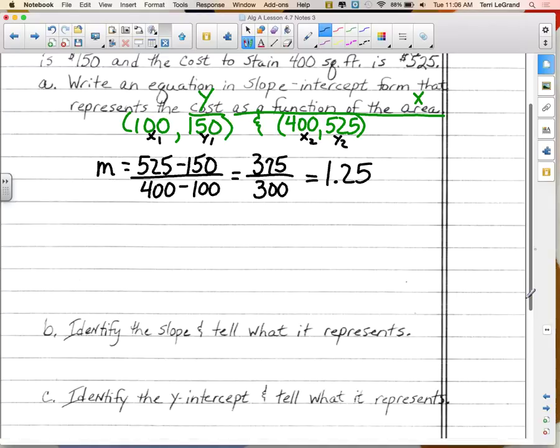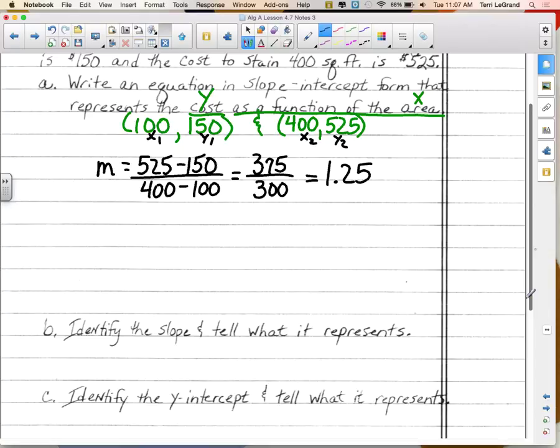Once you're done finding the slope, see if I need it to be corrected. So it divides out nicely to a terminating decimal, doesn't it? Right? 1.25. Is that what we get? Okay, what are we going to do with that slope now?